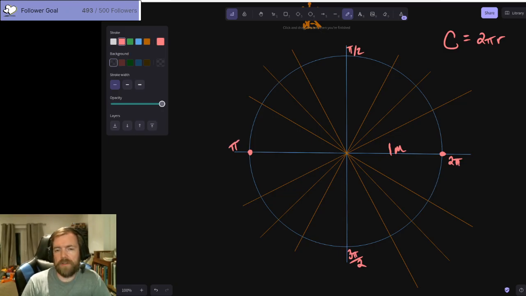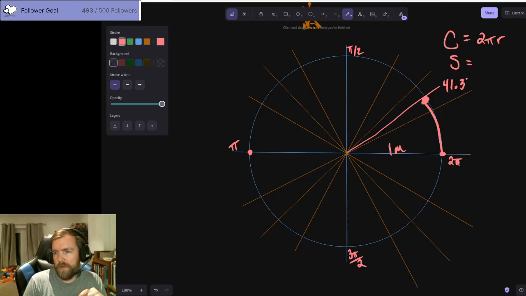Right, and then eventually it was discussed, okay, if you want a random arc length, going from here to here, what's that going to be? Let's just say this is 41.3 degrees.